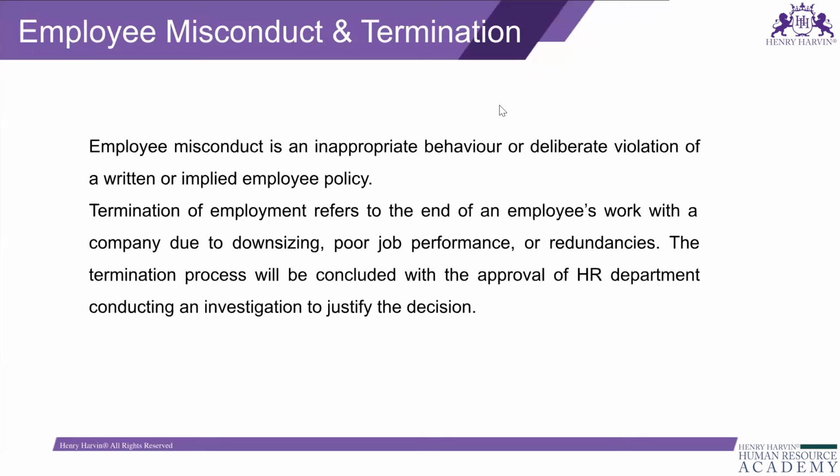Even if the employee continues to do the same after getting the written warning, then you can proceed with the termination or any other disciplinary action. And that disciplinary action involves the approval of the HR department. Without the approval of the HR department, no termination will be conducted for an employee.